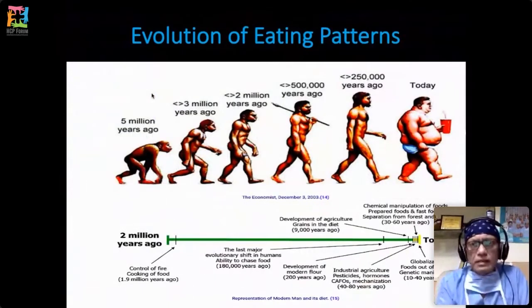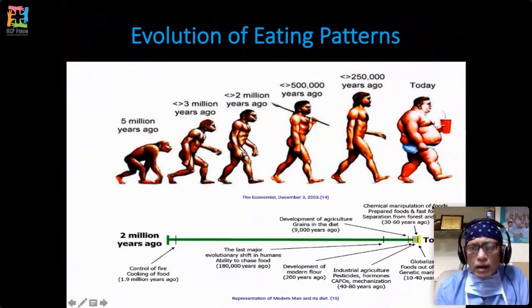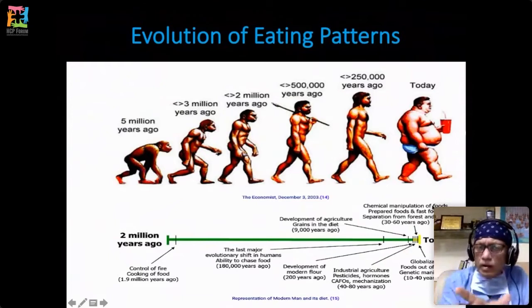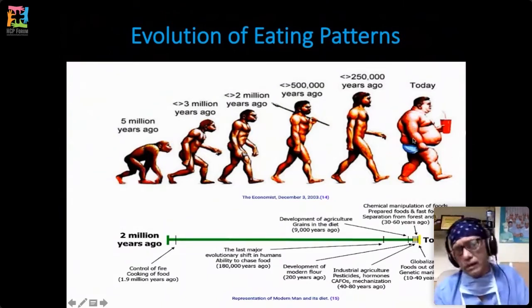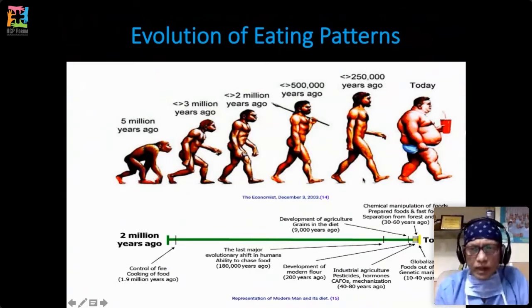As a species, as I have told you, human beings have never been sicker than they are today. If we look at this picture from another angle: how have these people been eating throughout, and what are we eating today that has made us so sick? Over 3 million years of evolution, food has never been so freely available.